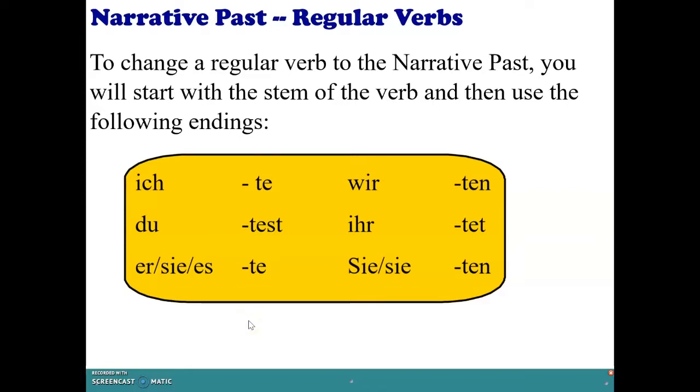Kind of like with modal verbs, our ich and our er, sie, es were always the same. Our wir, we add ten, so spielten. Ihr, we add tet, spieltet. And sie, we add ten, so spielten. And these are the endings that we use on any regular verb in the narrative past tense.